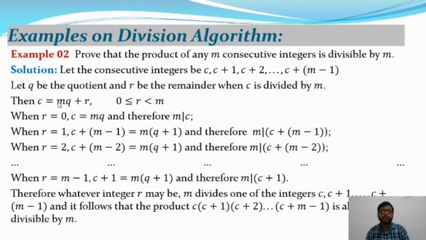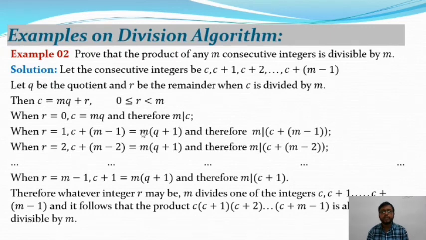When r is equal to 0, then from the above we get c equals mq, and therefore m divides c, where q is any integer. From the definition of divisibility we get m divides c. Now when r is equal to 1, adding m minus 1 on both sides, we get c plus m minus 1 equals m into (q plus 1).